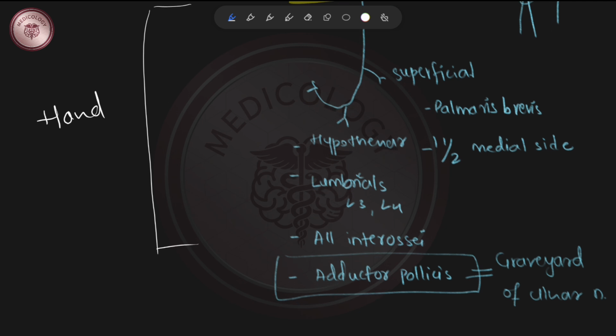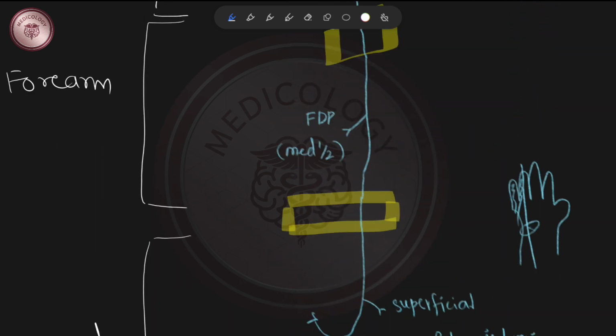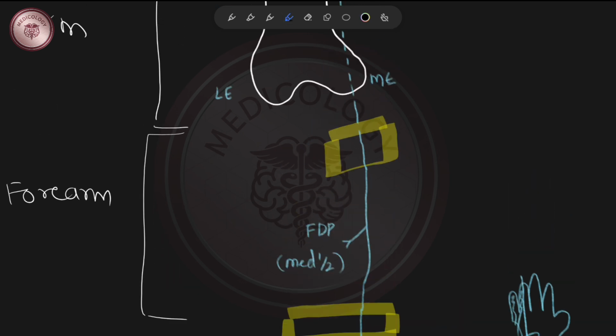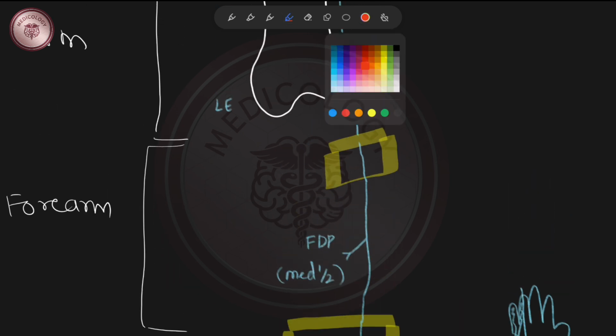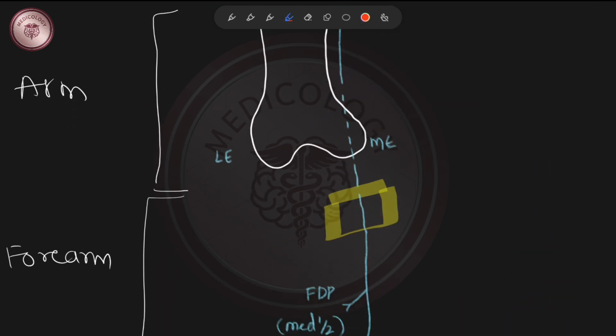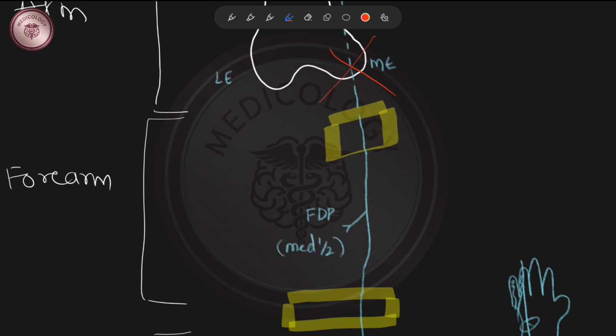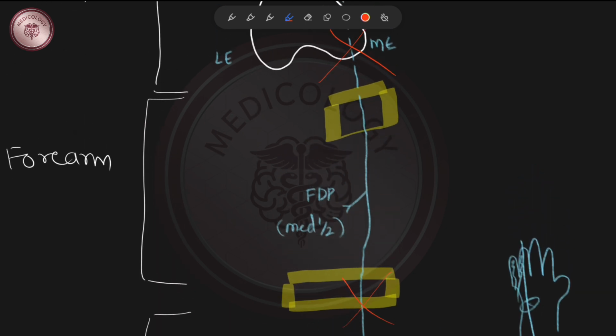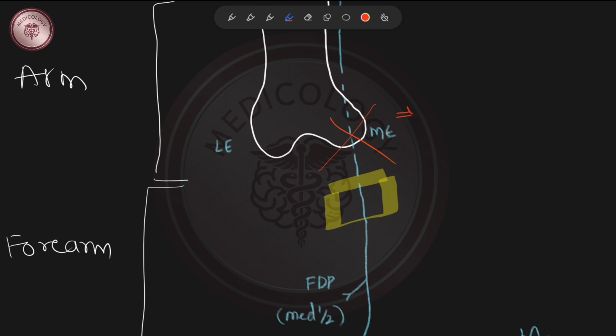Let's see the injury. Where can injury occur in the hand? Injury can occur over here, the higher lesions and the lower lesions. In the lower lesion, what can it be? It can be due to fractures. It can be cubital tunnel syndrome.